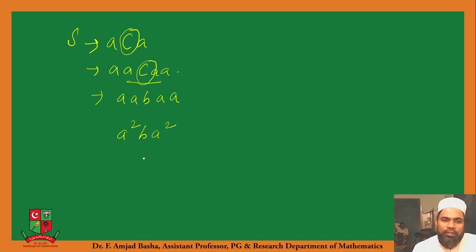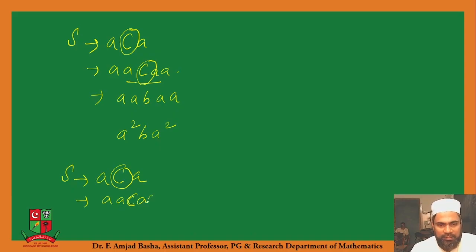Similarly, if I want to generate a cube b a cube, then you will start with S to a capital C a. Then again you will replace your C with aCa. C is again capital over here. Okay, C I'll replace with aCa. Then this a will come as it is. Again, if I want, n number of times I can just keep repeating it.